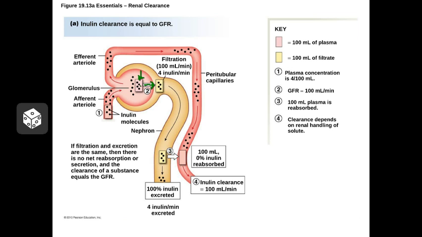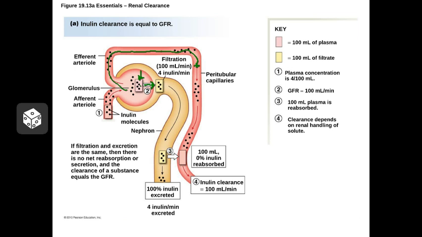This is plasma. And so that empty box, along with the other 80% of the plasma that comes into the glomerulus, is going to go chugging along to the peritubular capillaries. Now let me just say that there is no empty box of plasma in the bloodstream. We're just doing this to illustrate it.